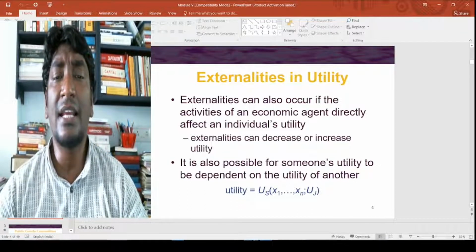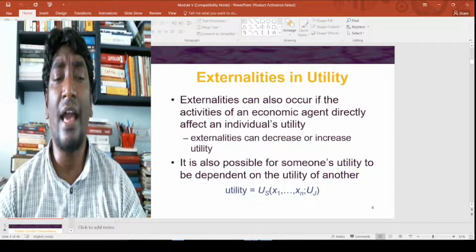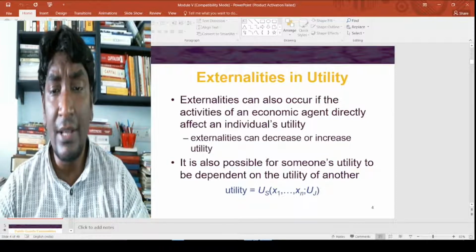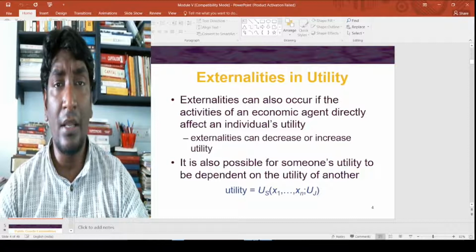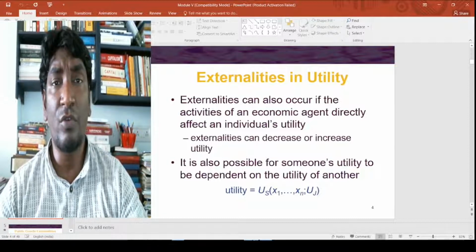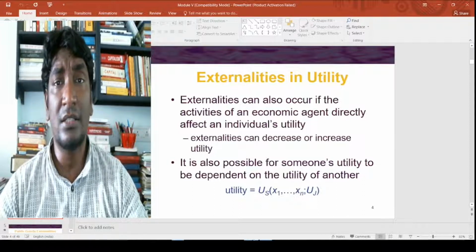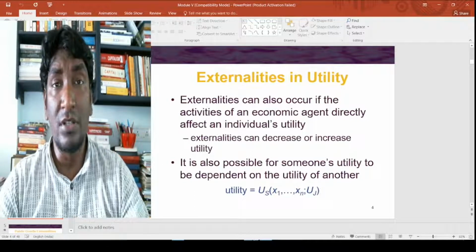So externality can also occur if the activities of an economic agent directly affect an individual's utility. Externality can decrease or increase the utility. We have seen that in the perfume spray case: if you have wheezing or are asthmatic, the perfume can cause trouble, which reduces your utility.